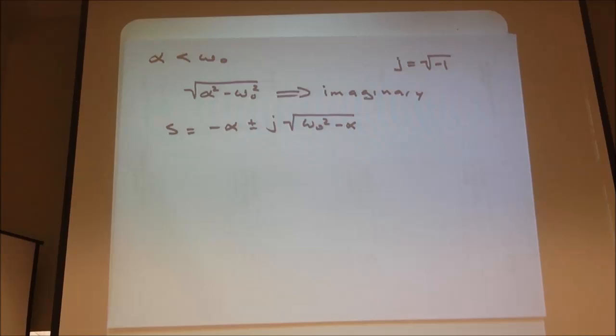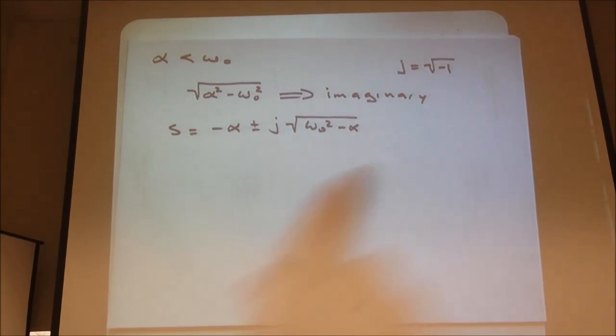All those who've used i as the square root of -1 as your imaginary number, get over it. You are now electrical engineers, and electrical engineers use j. So for those of you who are math majors, I guess you're going to have to switch back and forth, but electrical engineers use j, and I will use j. So j is the square root of -1.